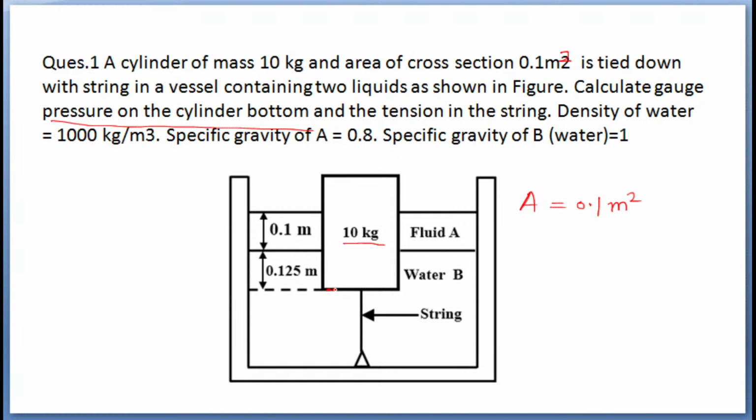Once we understand what to calculate, the second step is the formula for the required quantity. Pressure is asked, so apply the formula of pressure. Pressure is external normal force per unit area.